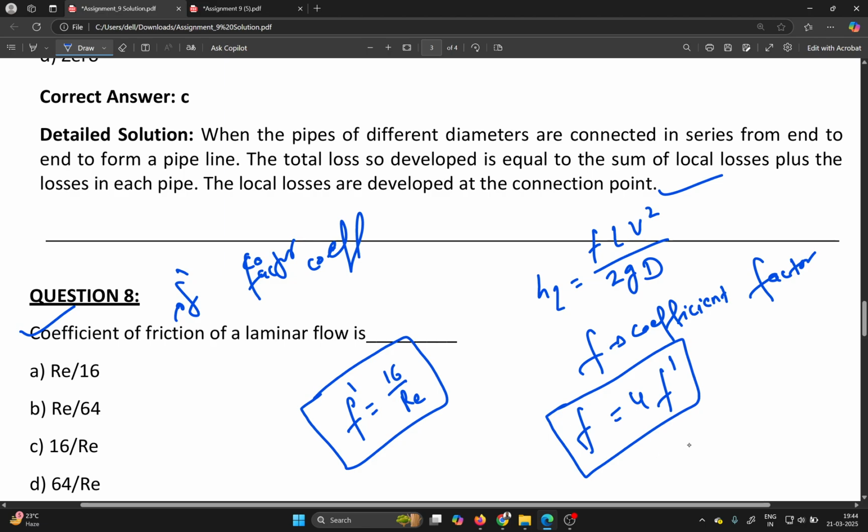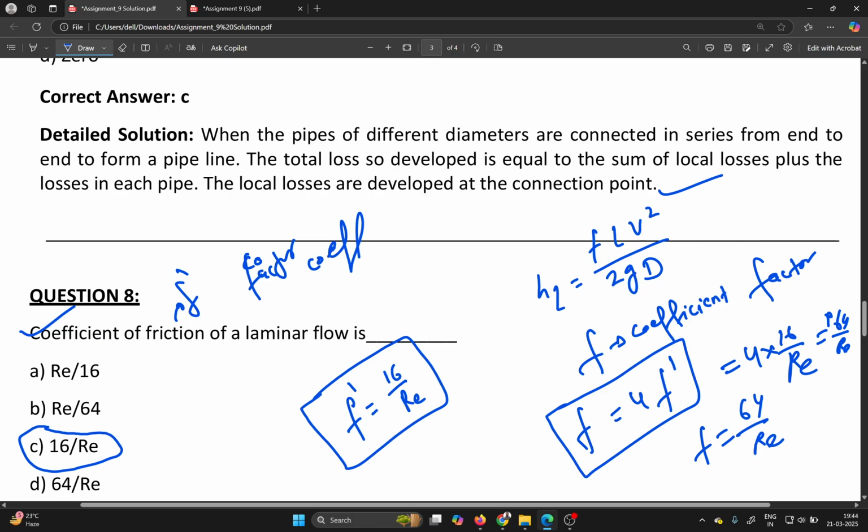That time you will apply 64 by Re. How? 4 into 16 by Re, so definitely 64 by Re. So remember please, you should never confuse the coefficient of friction and the friction factor.